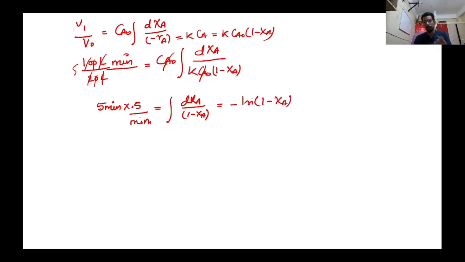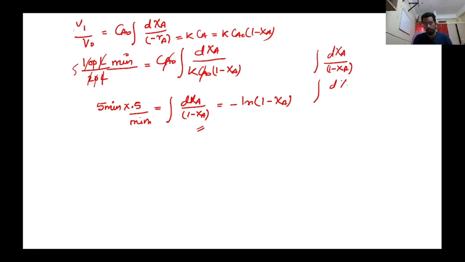I want to give you a tip here. Don't leave this part, like you will solve in the real exam. You are giving the GATE exam and you are solving this integration. Always remember the values of these integrations: dXA upon 1 minus XA, dXA upon 1 minus XA whole square, and dXA upon under root 1 minus XA.